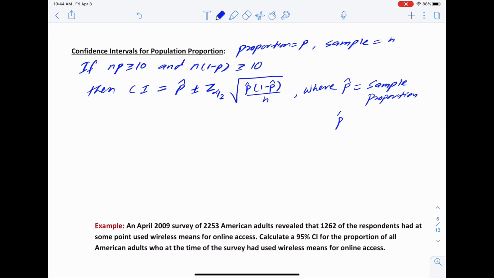This P hat equals X over N, where N is the sample size and X is the number of successes, just like in the binomial distribution.